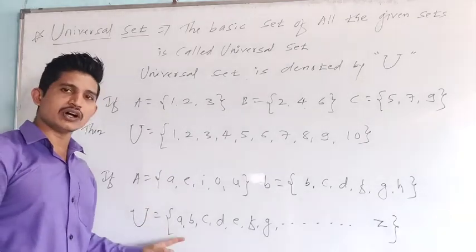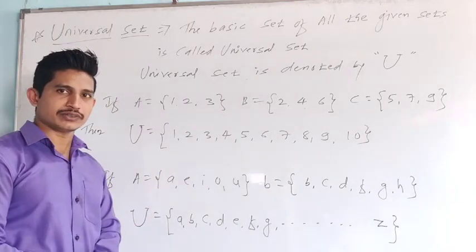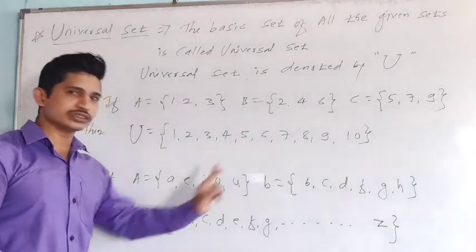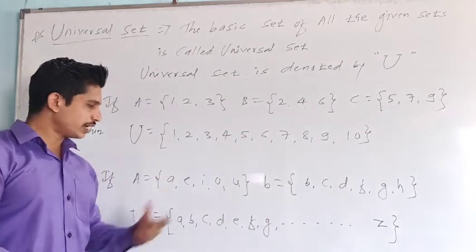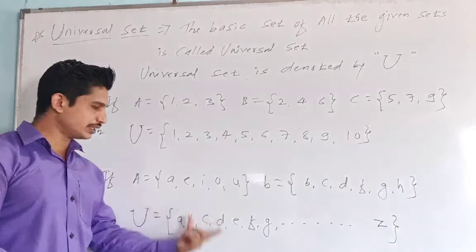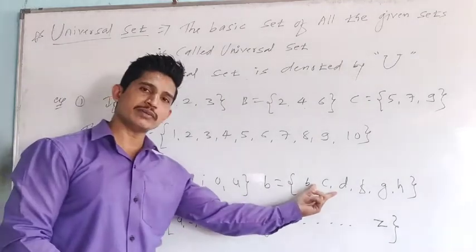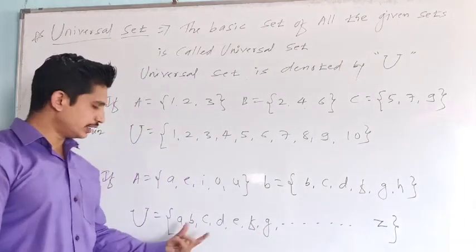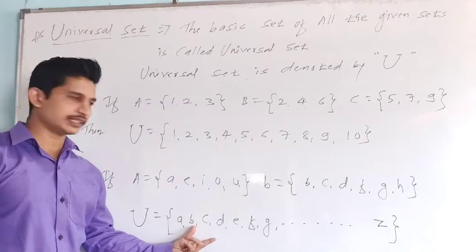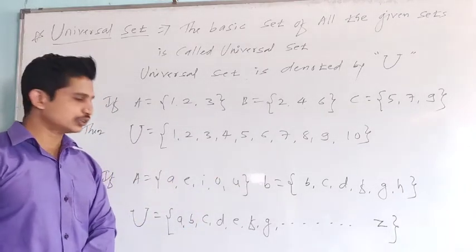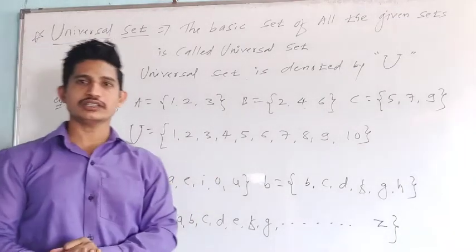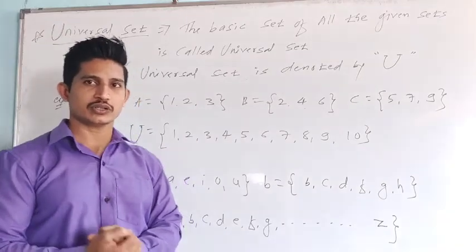U has all the English alphabets, A to Z. These alphabets are here and these alphabets are here. So that's why this set is called the basic set of the given sets. Therefore U is called the universal set. Got it?